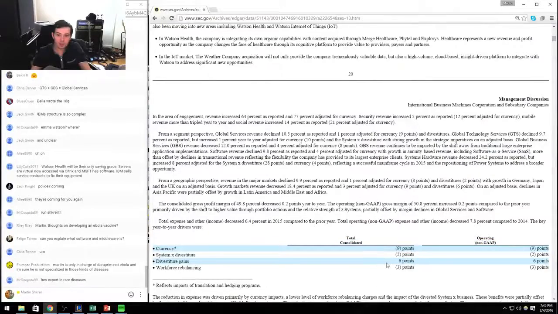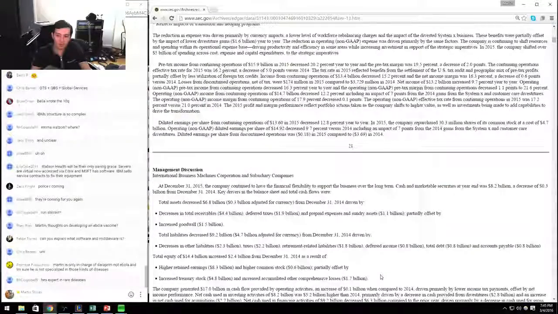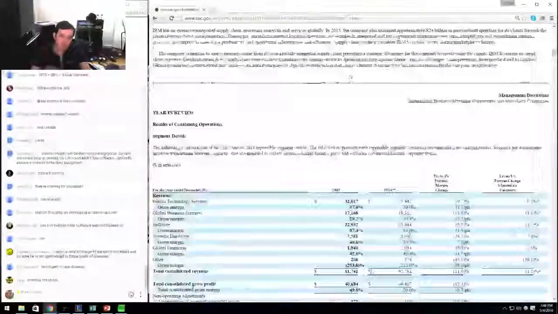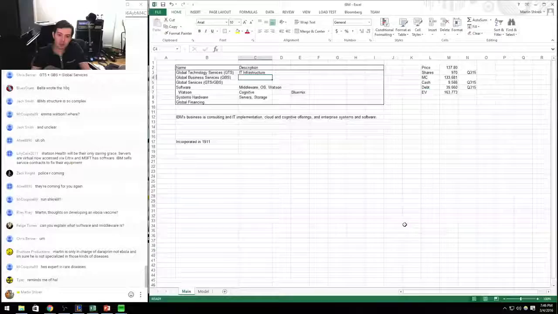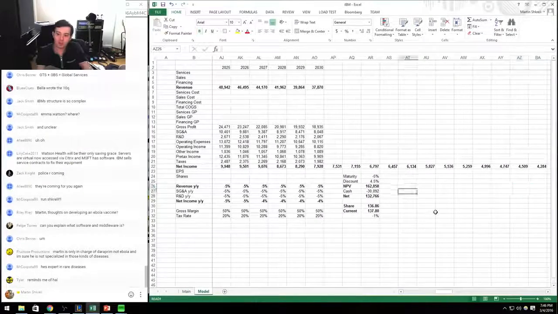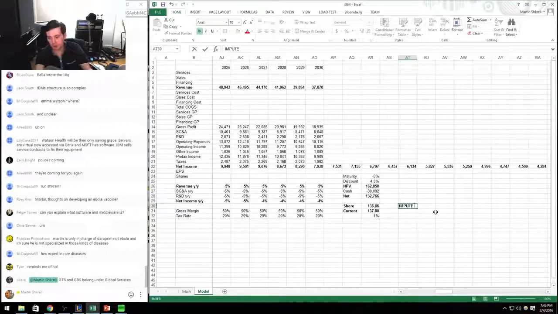Currency may have hit IBM more than we've been thinking. We got to look at that in a minute. We still maintain that the markets expect about a 5% annual decline in IBM. We can use their NPV calculator to impute that.